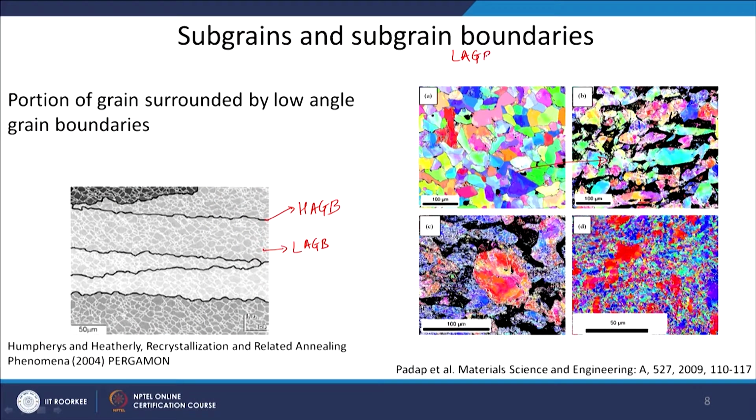Subgrains will form within the grain, and the boundaries surrounding these subgrains are called subgrain boundaries, which are usually low angle grain boundaries. A very nice microstructure is shown here also.